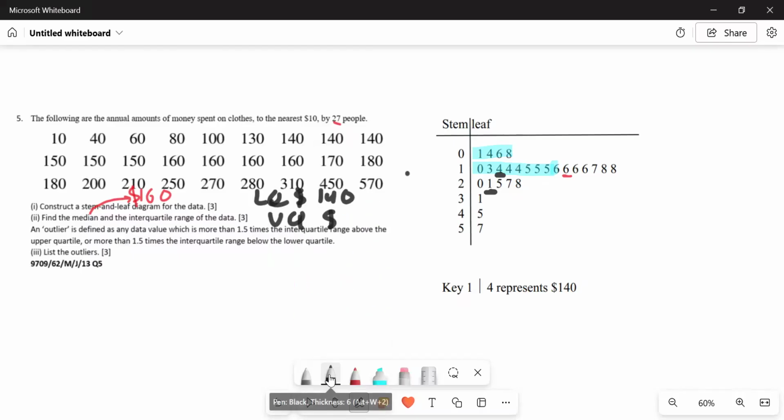So the upper quartile would be 210. So interquartile range would be upper quartile minus lower quartile, that is 70.